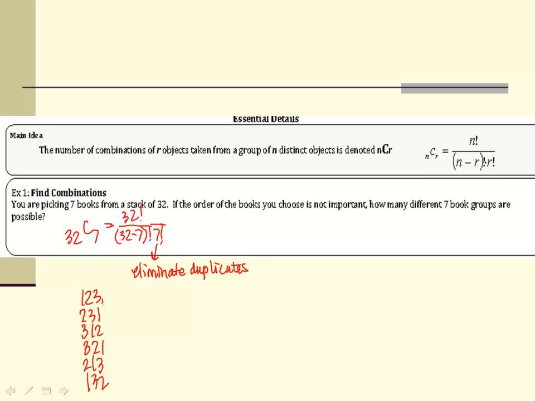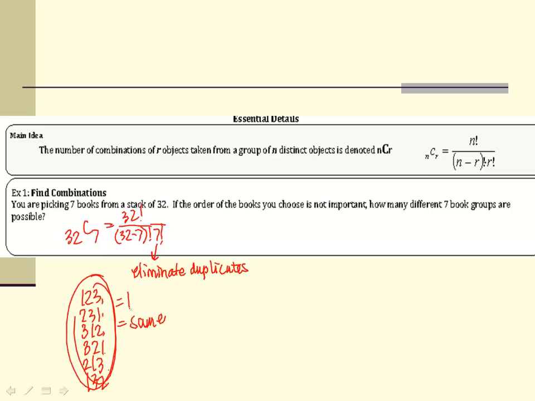There are 6 arrangements, and they are all exactly the same. I don't want to count all 6 as different like I did with a permutation. In a combination, this is one event with a 1, 2, and a 3 in it. That's what this extra piece does.